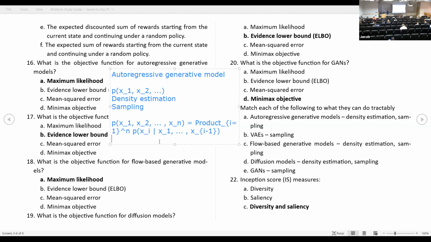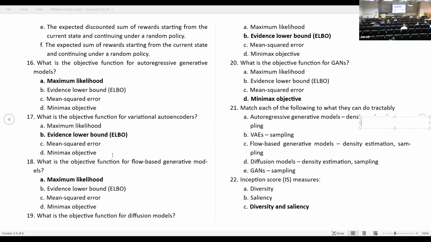Good question. So the question is, was there a special way that we guaranteed that the Z space was a normal distribution in flow-based models? I'm sure the answer is yes, because they work, but I don't remember exactly how. Let me pull that up right now.